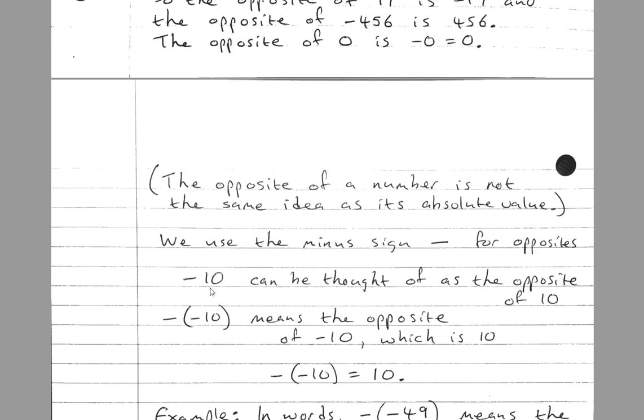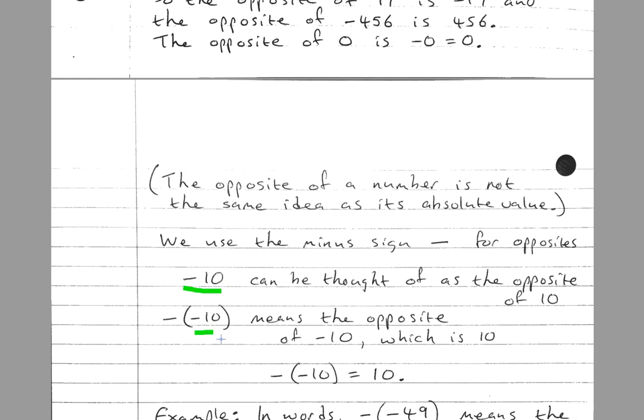So if you start with 10, the opposite of 10 is negative 10. Every time you see a minus sign like this, you could think it means the opposite. So you could read this as the opposite of 10 is negative 10.